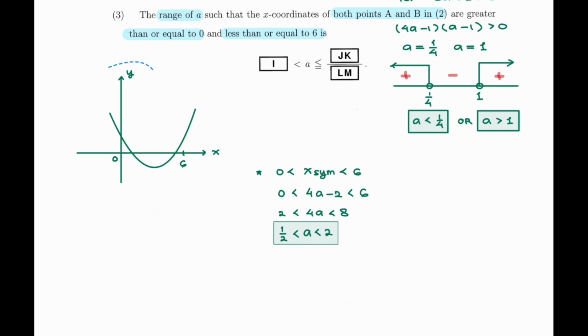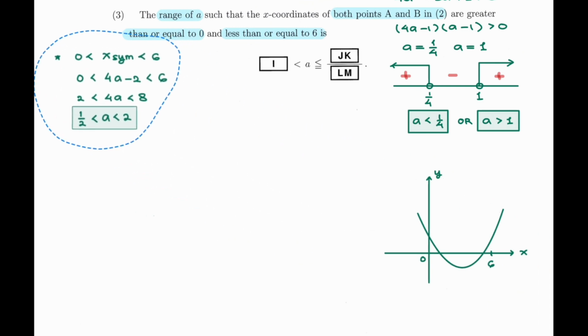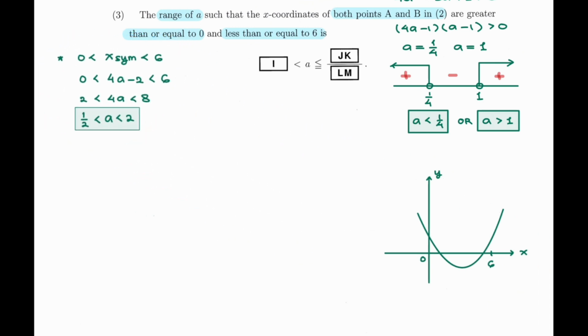So the next condition that must be satisfied is f of x where x is equal to 0 must be greater than or equal to 0. And then f of 6, our value of y when the value of x is equal to 6, must also be greater than or equal to 0.